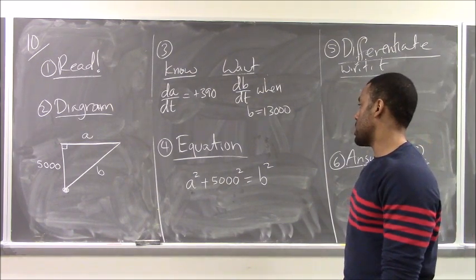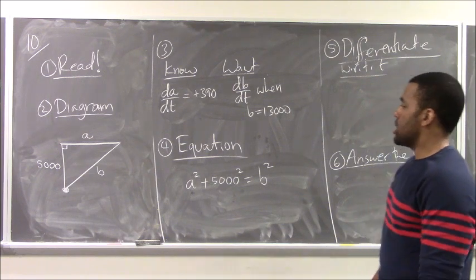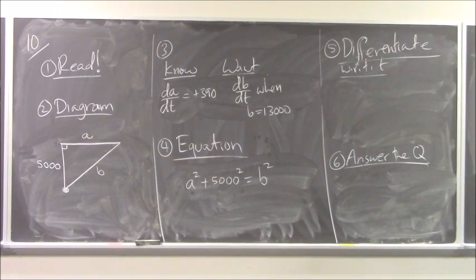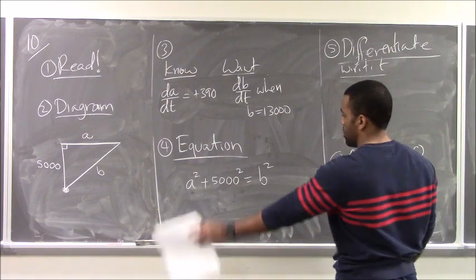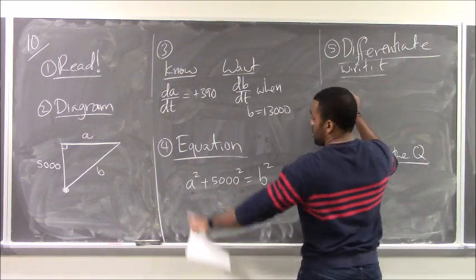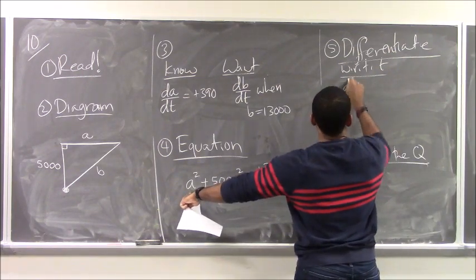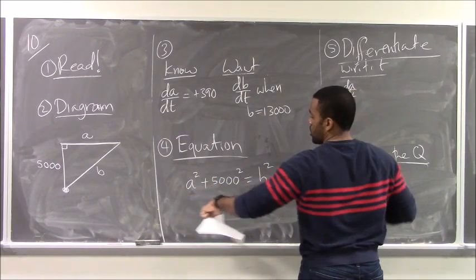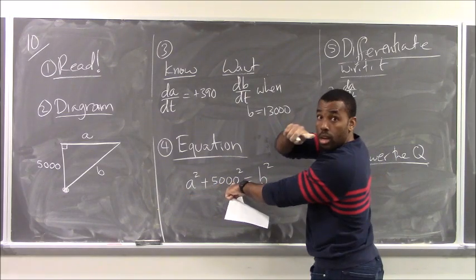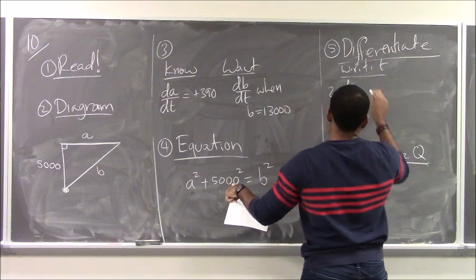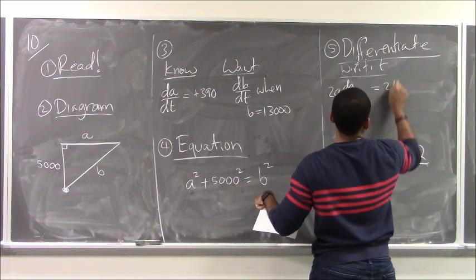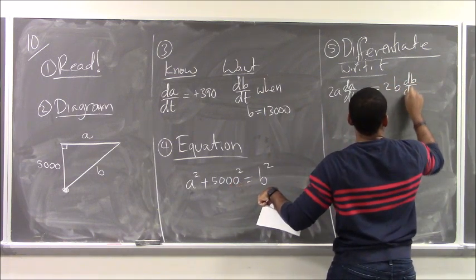Now, that leads you to step 5. We're going to implicitly differentiate with respect to t. The derivative of A squared is 2A dA/dt. The derivative of 5,000 squared is, that's right, 0. Derivative of B squared is 2B dB/dt.